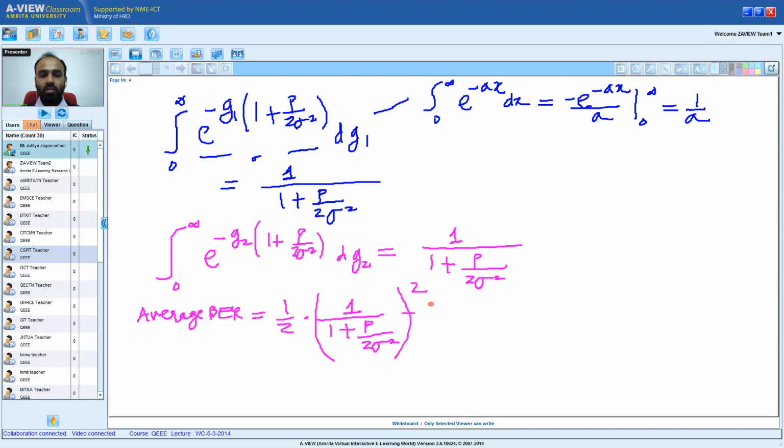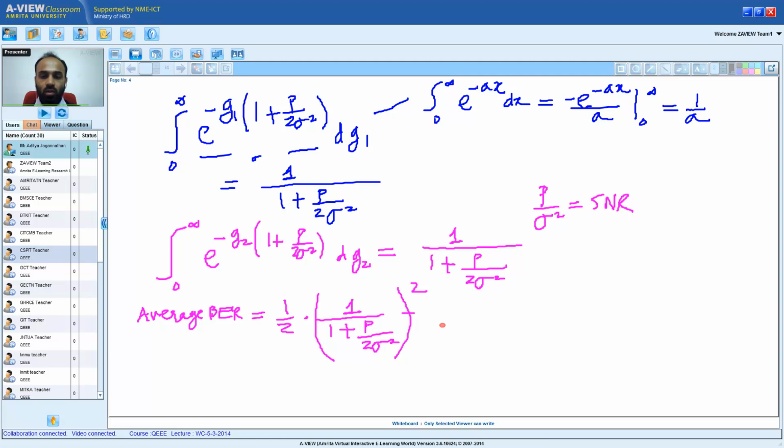So the average bit error rate is half times 1 over 1 plus P over sigma square, whole square. Now P over sigma square we are also calling SNR, the transmitted power to the noise power at the receiver. More appropriately, this is the average SNR.